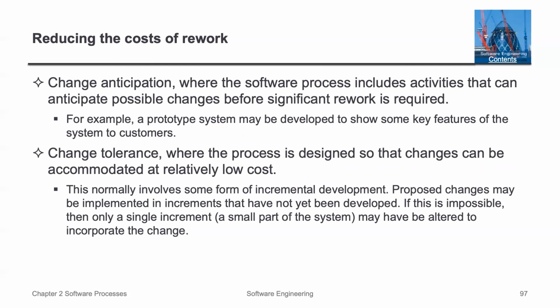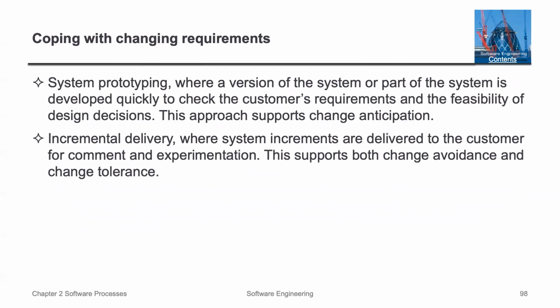This normally involves some form of incremental development, where proposed changes may be implemented in increments that have not been developed. If this is possible, then only a single increment, that is a small part of the system, may have to be altered to incorporate the change.